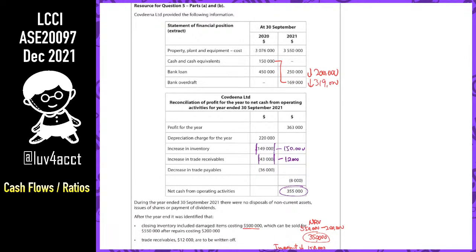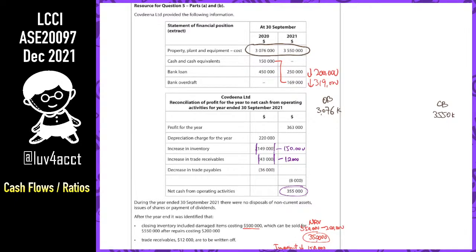How do we know? We have to work on a reconciliation of the opening and closing balance and look at the movement of the balance. So for non-current asset, we have 3076,000. We don't have enough space on the top, so we will work on it here. Opening balance, closing balance being 3,550,000.